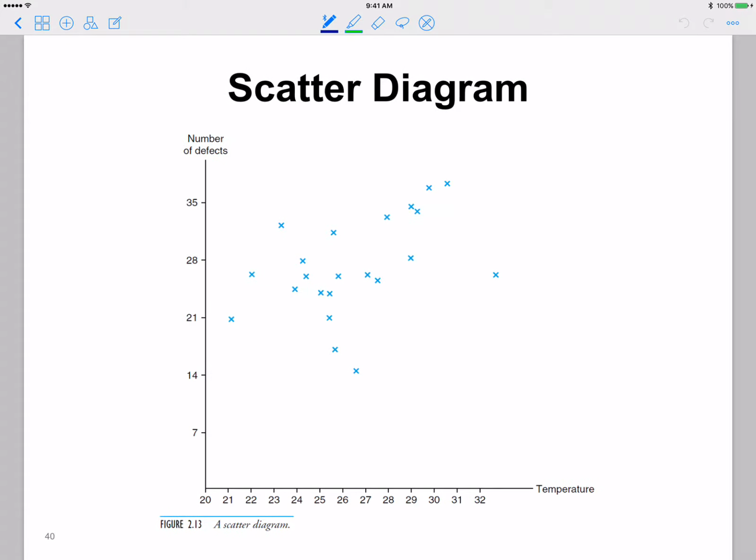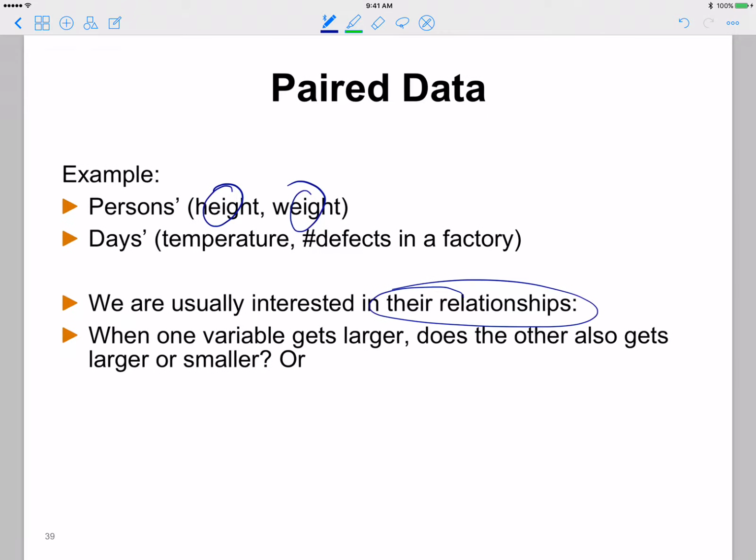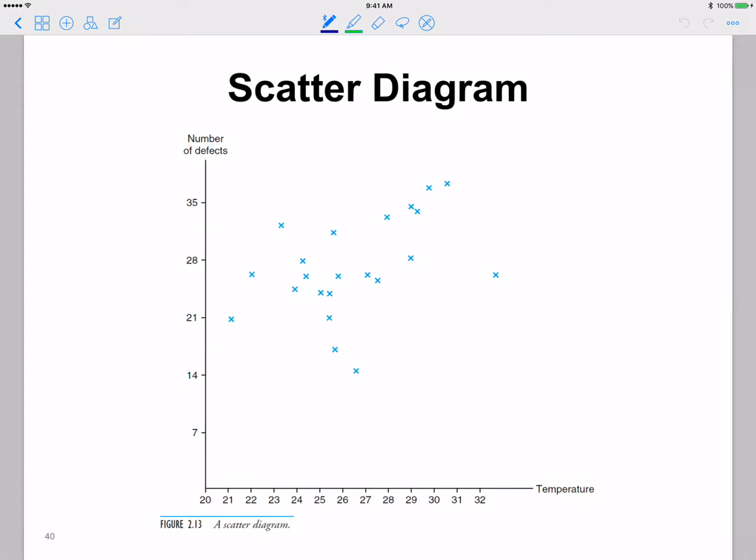And we can draw a scatter plot. We represent one pair of two data types, weight and height, or temperature and the number of defects, as a point in two dimensions. We assign two axes to each of these variables, and for each person we can represent it as a point, right?